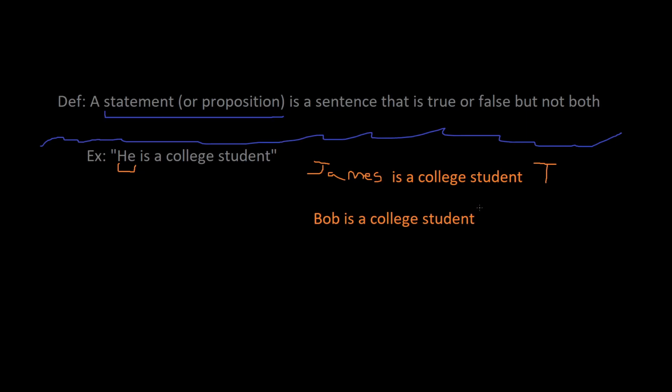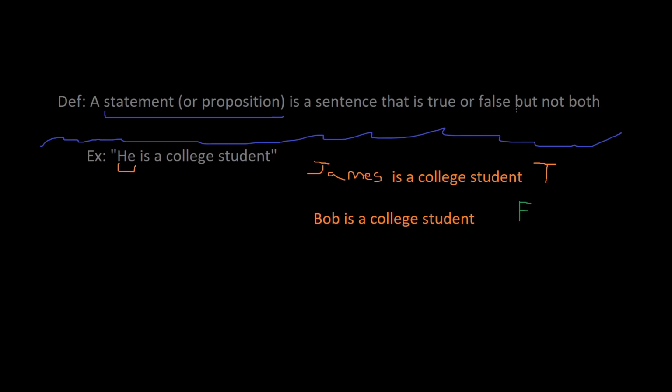And so now we're going to relate this to our definition of a statement. Like I said, it wasn't quite in the way that we would want to define a statement, but this is what we need to know goes against the definition of a statement. A statement is a sentence that is true or false, but not both.